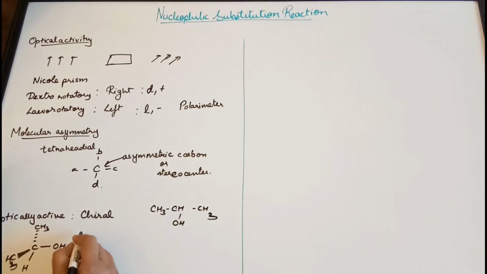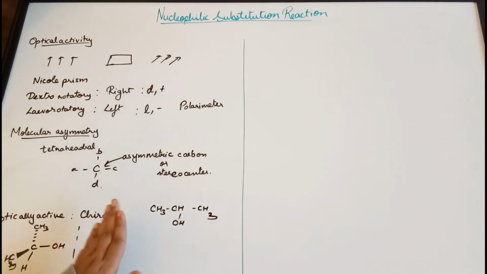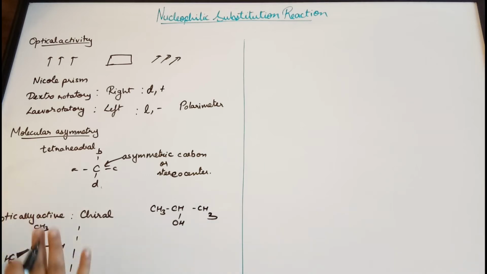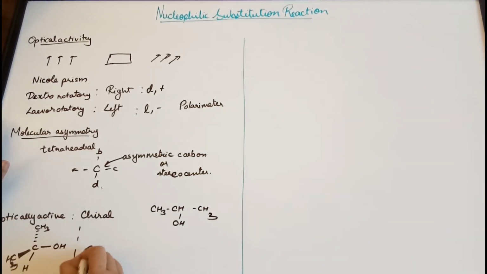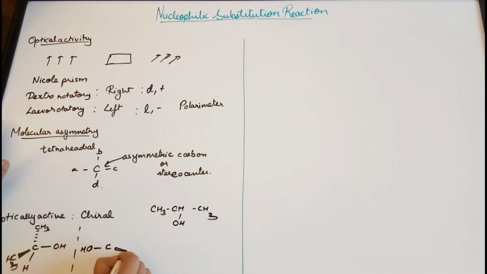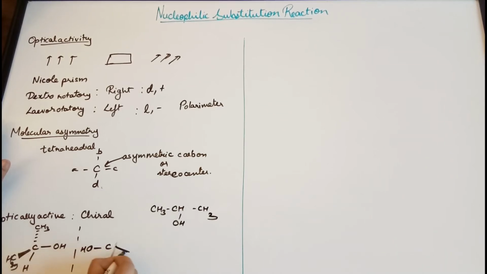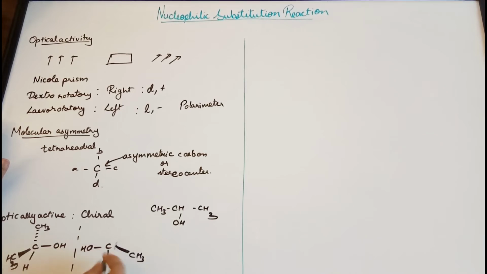Now, when we talk about its mirror image, we'll be taking its mirror image, which means you're basically flipping the sides. So you have a CH3 here, you have the hydrogen still on the plane of paper, and then you have another CH3.